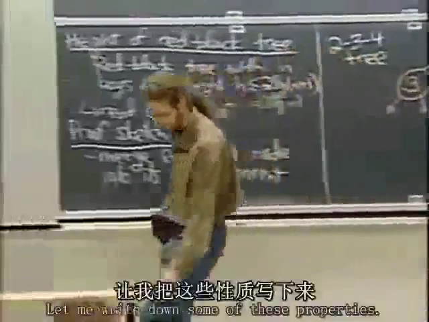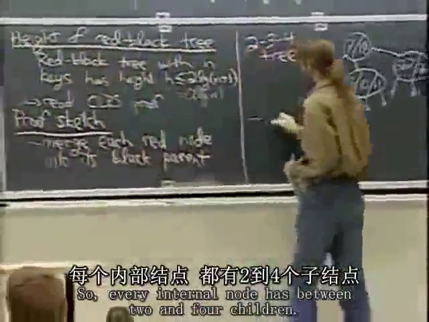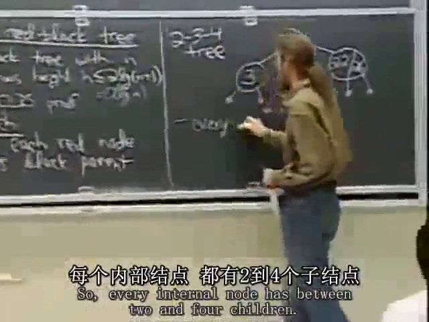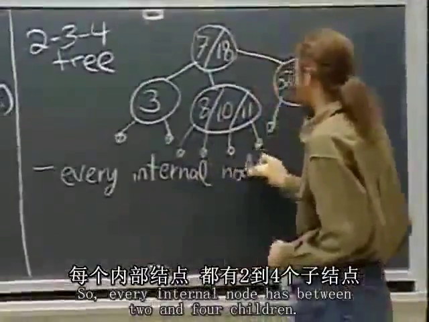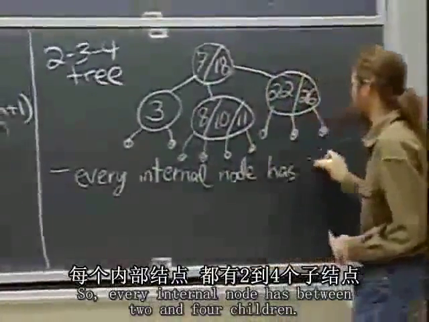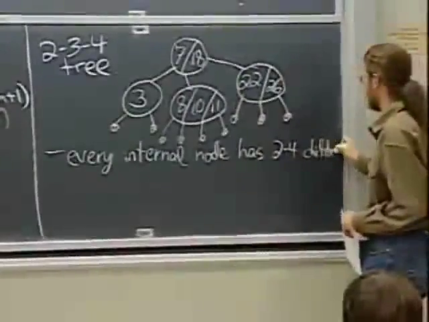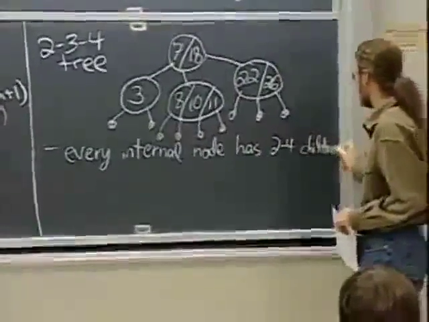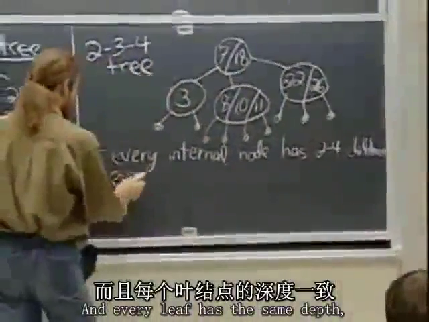Let me write down some of these properties. So every internal node has between 2 and 4 children. And every leaf has the same depth.